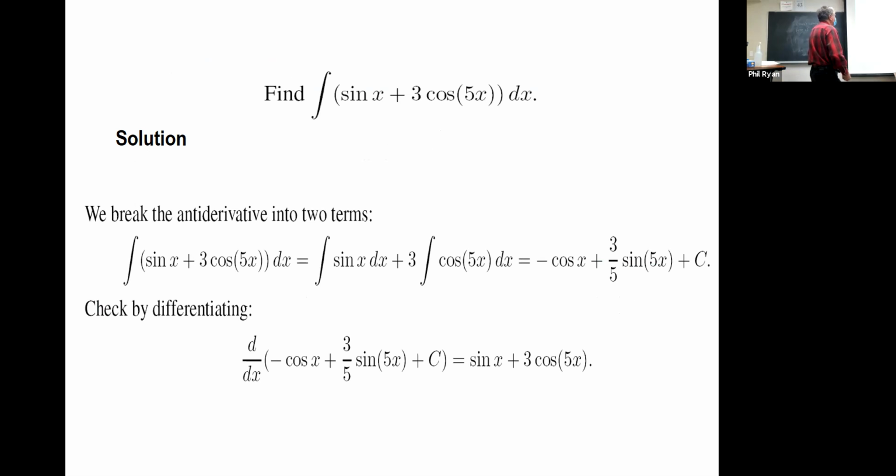Okay, so this is good because now we can take antiderivatives of quite complicated things. So for example, the antiderivative of sine plus 3 cosine 5x. Again, you've got that linearity property, which makes it easy to break up the antiderivative, right? So we break this up into the antiderivative of sine plus 3 times the antiderivative of cosine 5x.